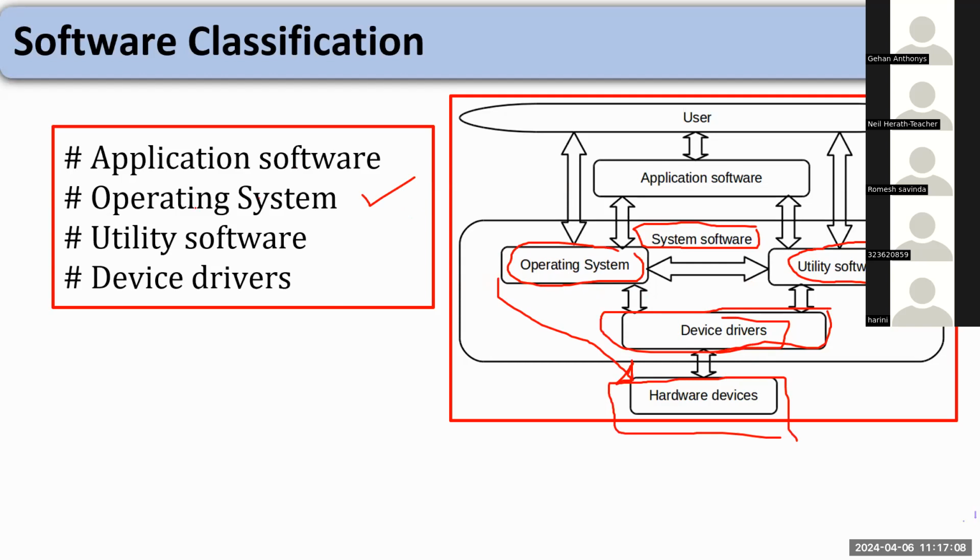The utility software means whatever we need, our requirement. So we will use many utility software, there are so many around the market. It depends on our requirement. And as I said earlier, the device drivers.